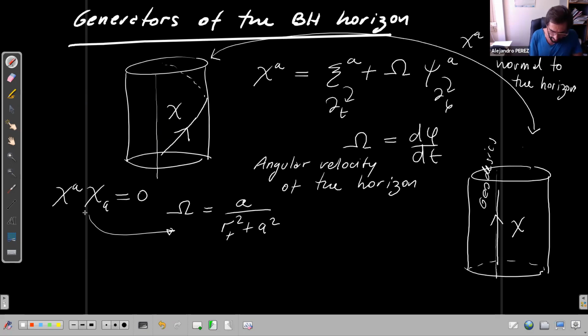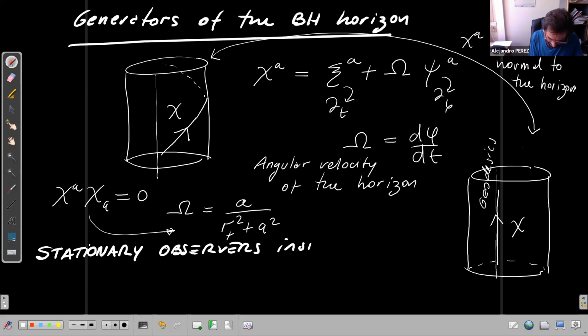All right, so with this structure, you can look at what happens with these vectors right outside, and you find another family of natural observers, which are not the ZAMOs, but they are closely related to them: stationary observers close to the horizon.